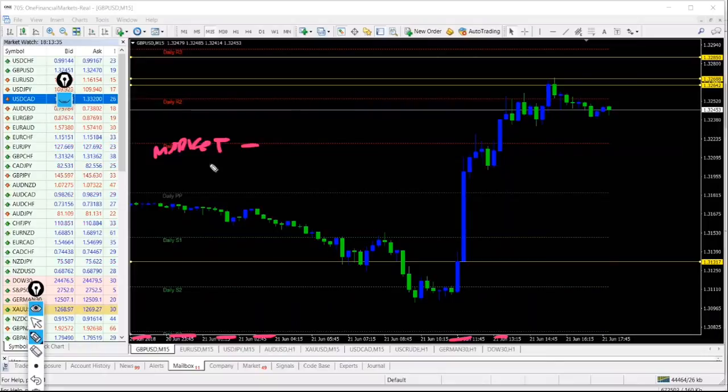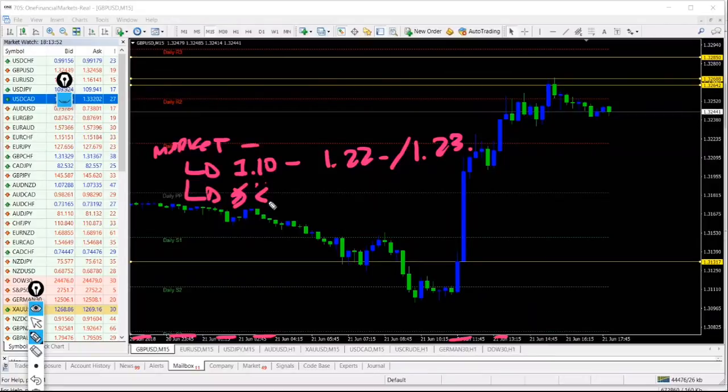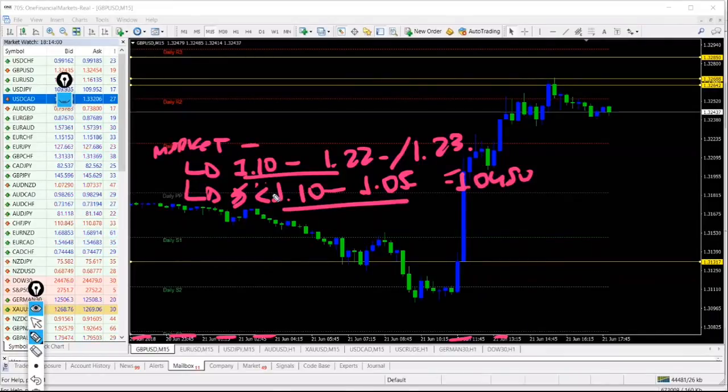Okay, so the euro dollar, for example, is into buy pressure area above 110 up to 122, 123. The sell pressure area of the euro dollar is below that, below 110 down to 105 and 104.50. This is the sell pressure, this is the buy pressure area for the euro dollar.